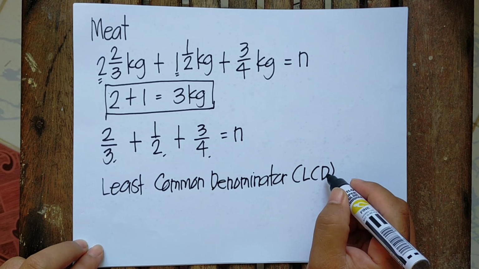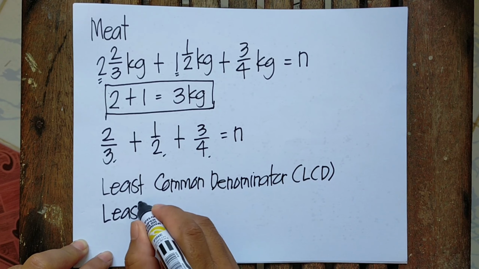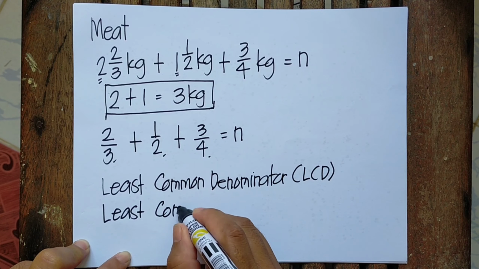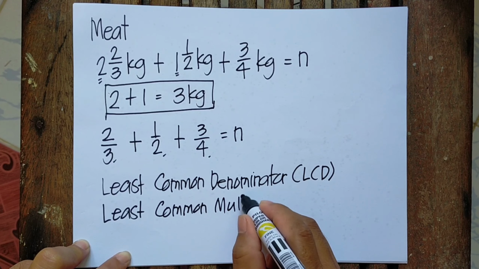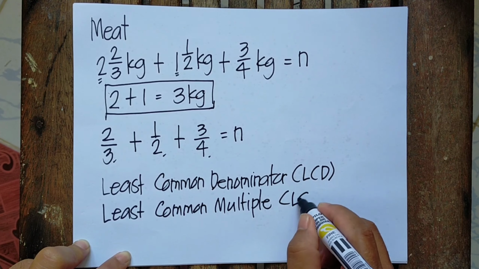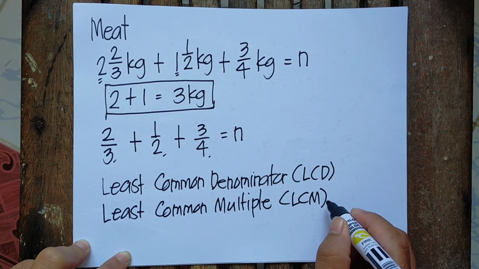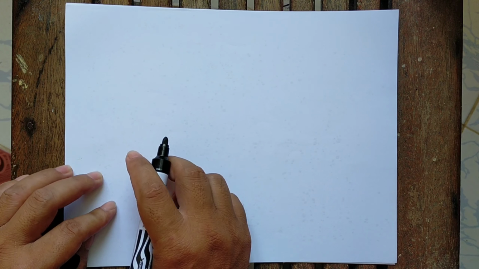And in finding the LCD, we will find the least common multiple, or the LCM. I will show you two ways on how to find the LCD, or the least common denominator.